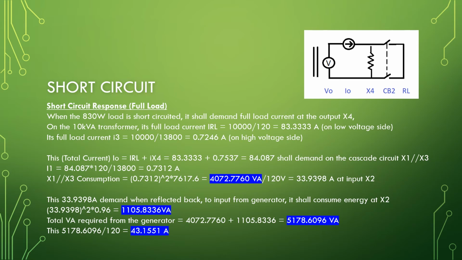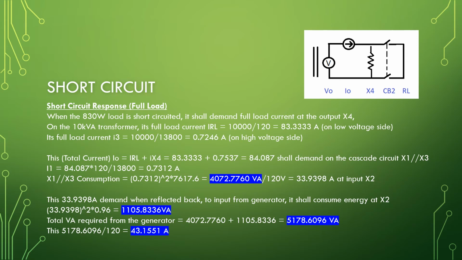This total current I0 equal to IRL plus IX4 equal to 83.3333 plus 0.7537 equal to 84.087 shall demand on the cascade circuit X1 parallel X3.